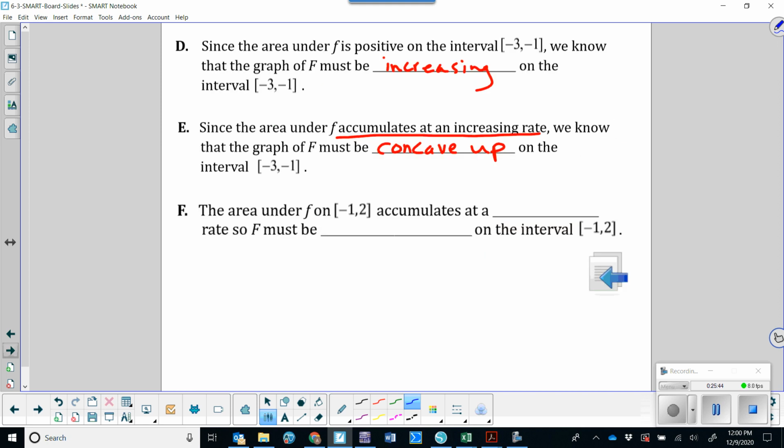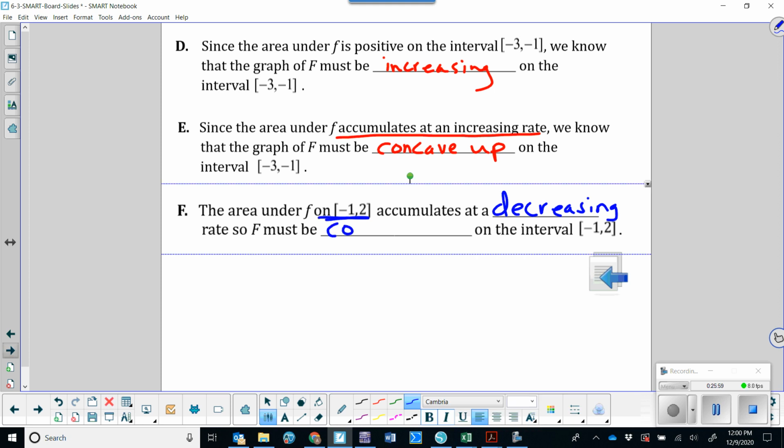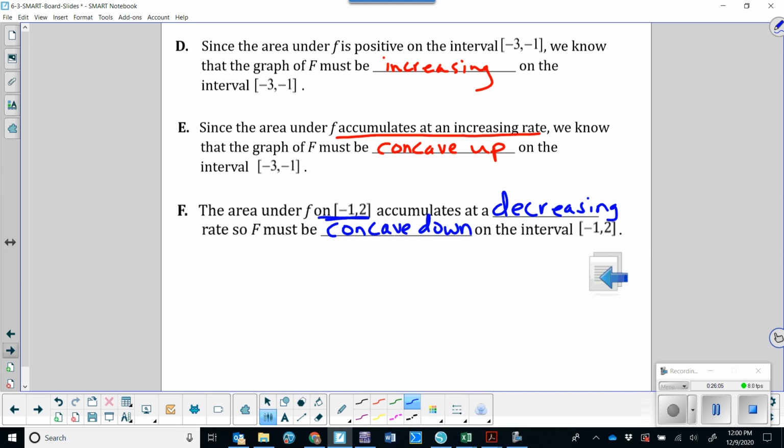So the area under f on -1 to 2 accumulates at a decreasing rate, okay? So F must be concave down on this interval, because it's still accumulating, but it's doing it at a decreasing rate. That would mean its derivative would be negative, so it's concave down.